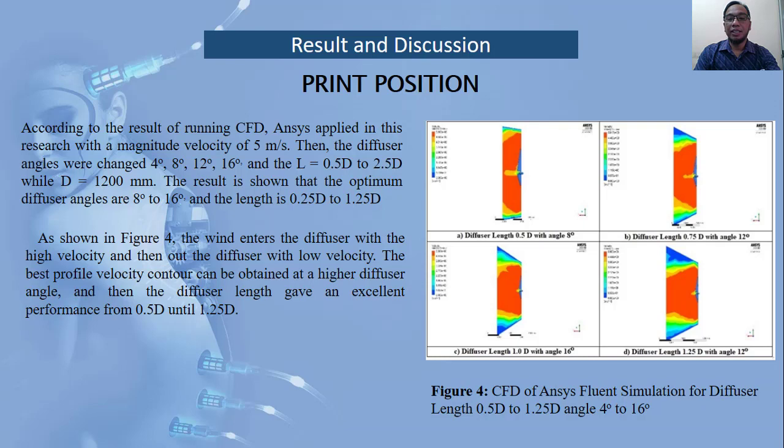We can see in Figure 4 the CFD ANSYS Fluent simulation for diffuser length 0.5D to 1.25D, and the angle is 4 degrees to 16 degrees.